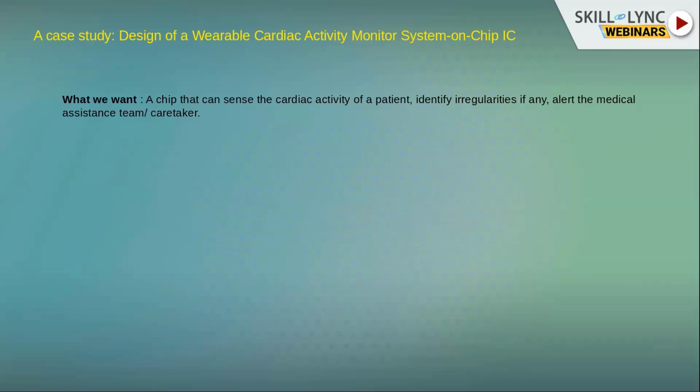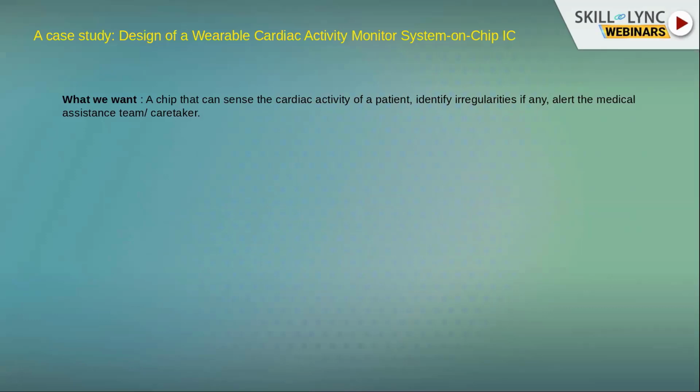And if any irregularities are identified, it should send an alert to the medical team or a doctor or anyone, so that they can take necessary action. You can think of a person who is at home, having a cardiac related issue, and he's under medical care for a prolonged time, and he needs some kind of sensing on his cardiac activity, but he's not quite close to the medical attention team.